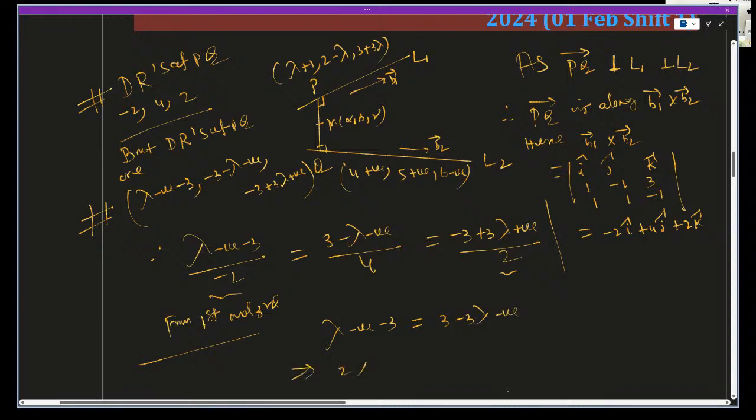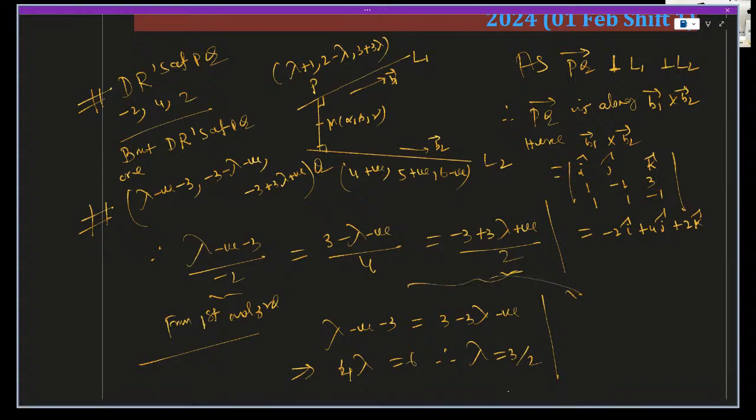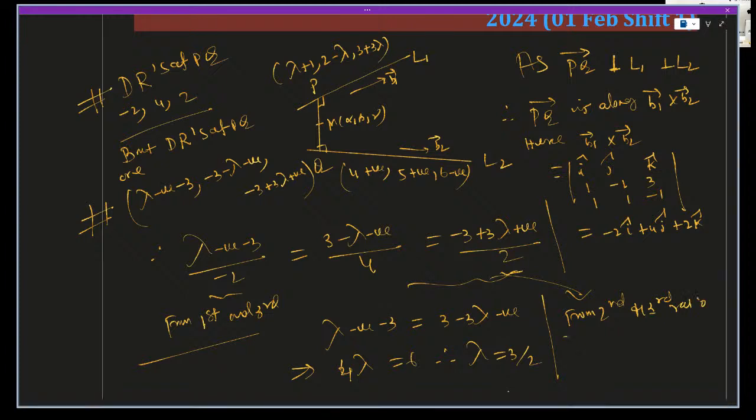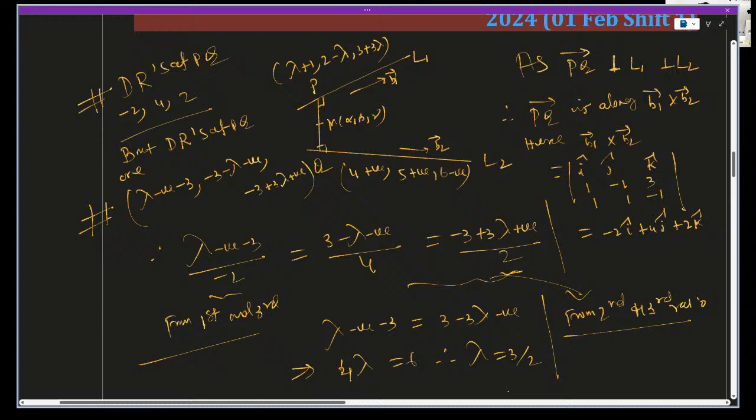So it is going to be 4 lambda equals 6, so lambda is 3 by 2. Now take the second and third ratios.